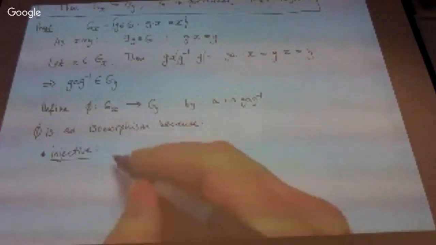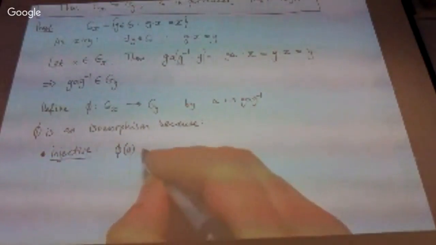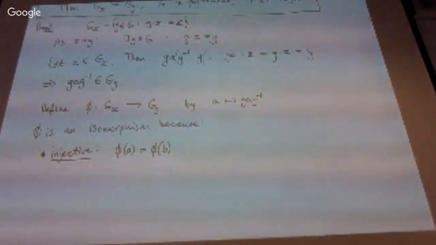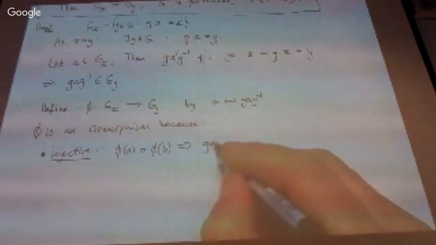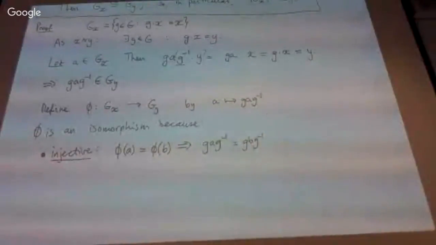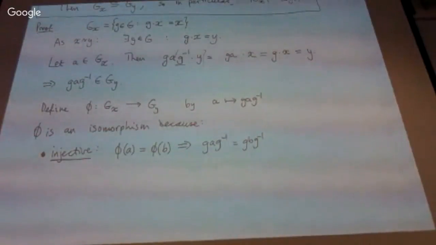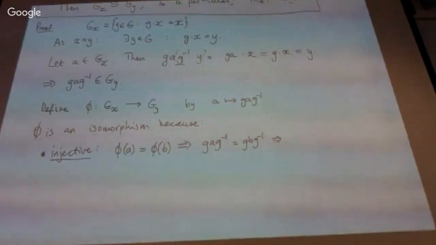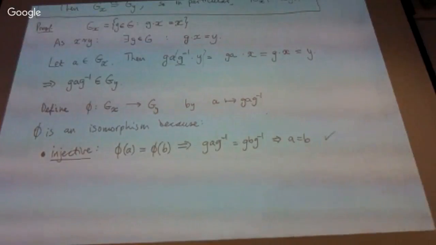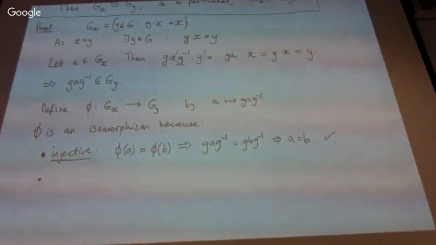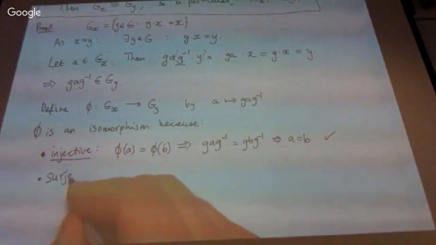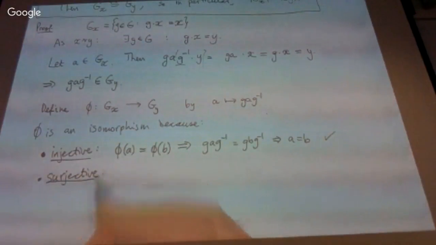What does that mean? Well, that means that if phi takes some a and b to the same element, that means that g a g inverse is equal to g b g inverse. But then, of course, by cancellation, a is equal to b, so that's okay. Next, onto, or surjective.